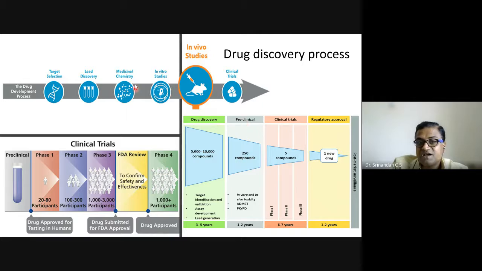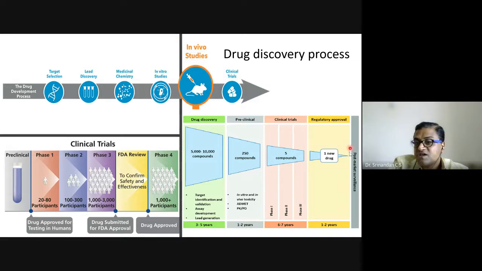So preclinical, in vitro, and in vivo tests will be done, and that may take 1 to 2 years. Even 3 to 5 years and 1 to 2 years is a short period, when properly focused, these things will happen. Then the clinical trial, phase 1, phase 2, phase 3 and all, will take around 6 to 7 years to complete.